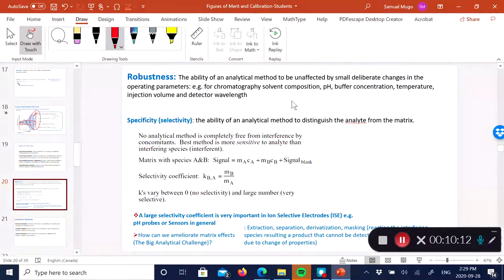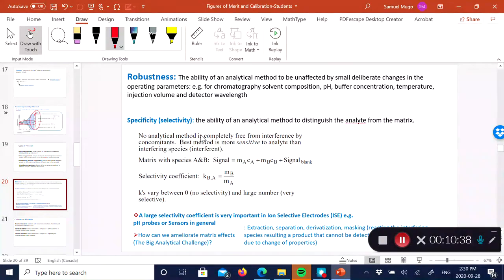So you want the method not to be prone to being affected by small variations within the lab. That way you would know if that method is very robust, and it can be used in different geographical locations.